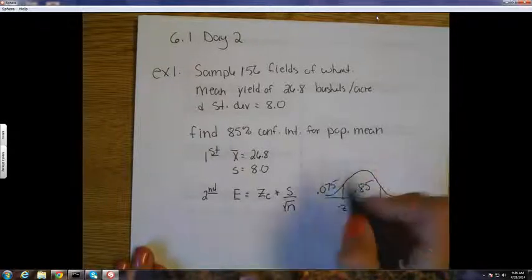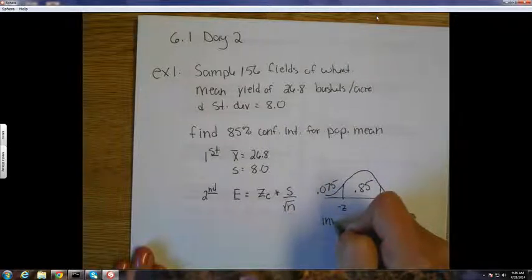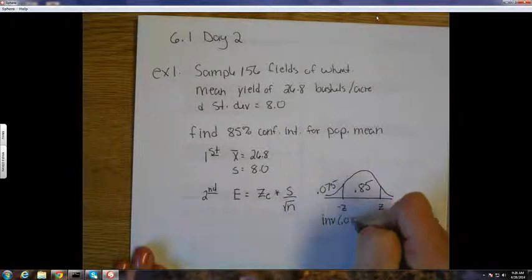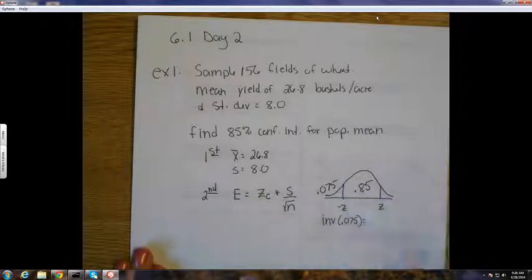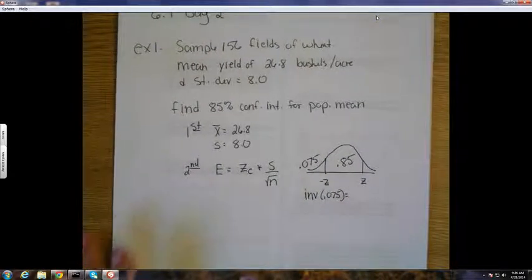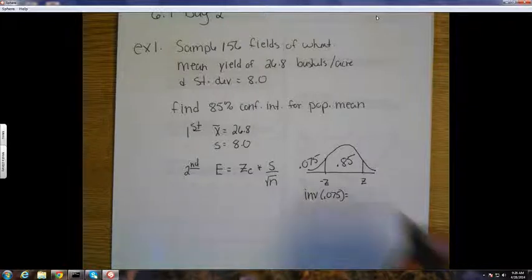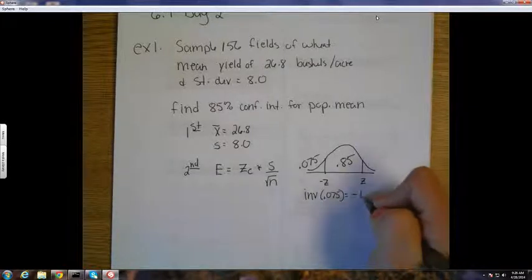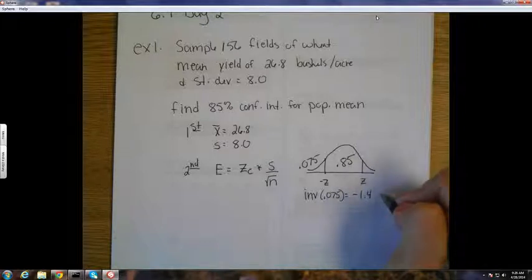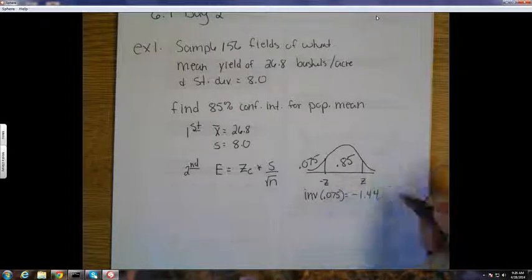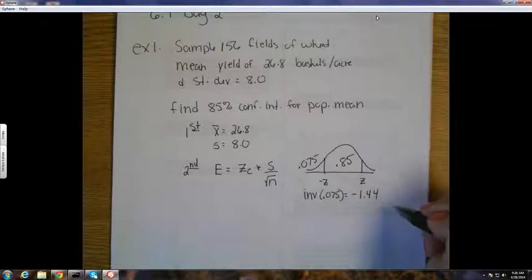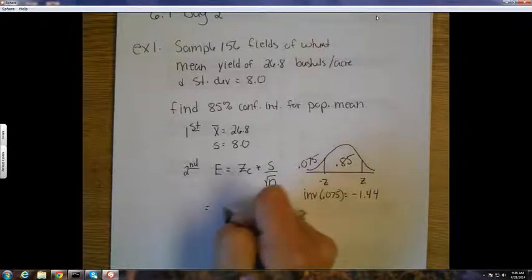So if you do the InvNorm of 0.075, this will give you a negative z-score. And what is that negative z-score? Out two places. 1.44. So what z-score are we going to use? Positive 1.44.